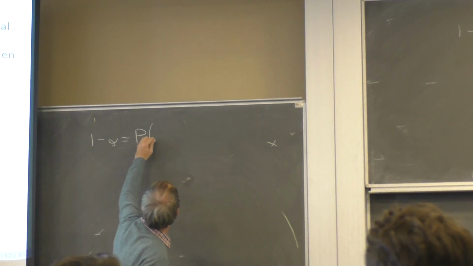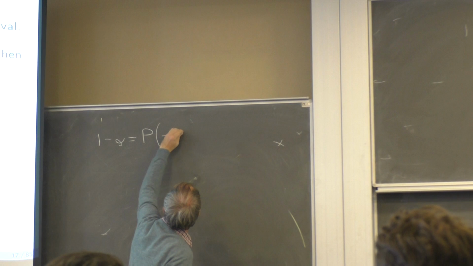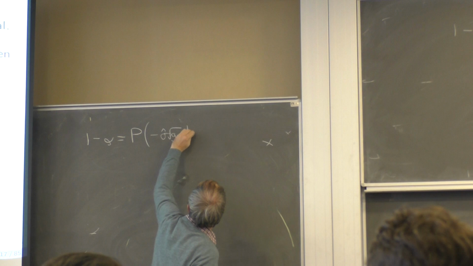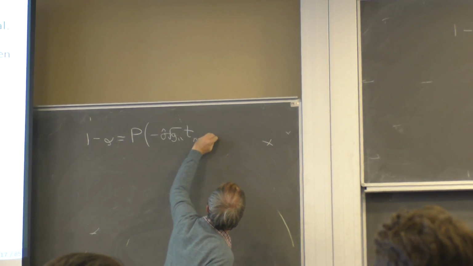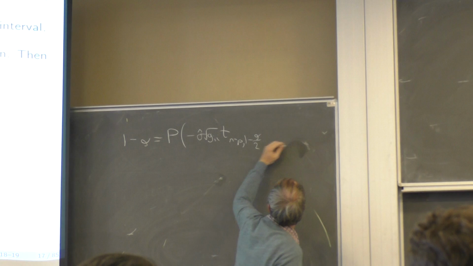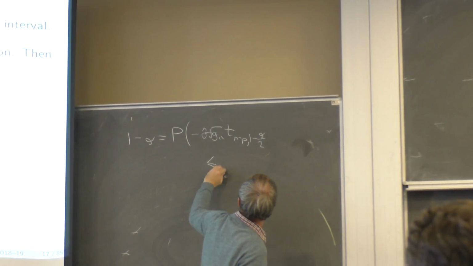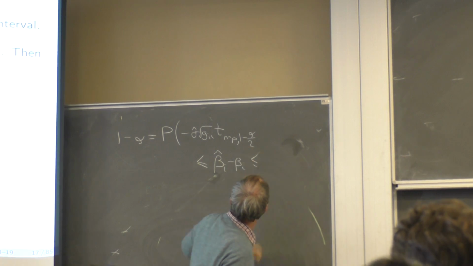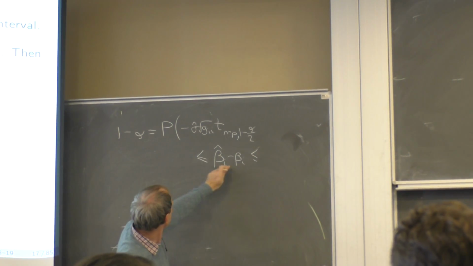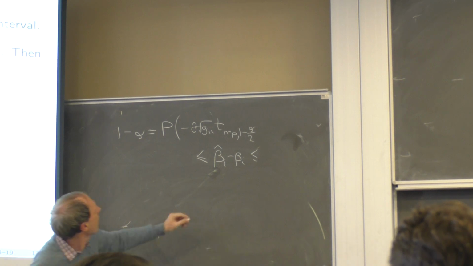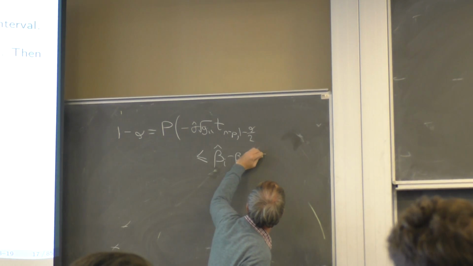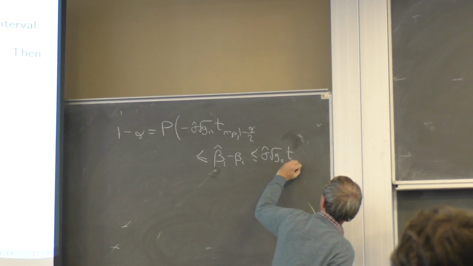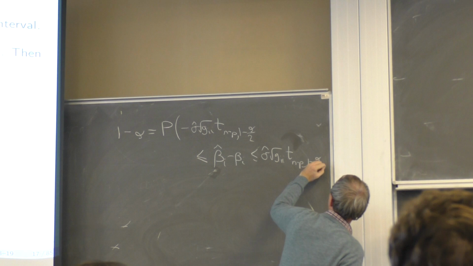So we should get minus sigma hat root g_ii times the quantile, which should be less than or equal to beta i hat minus beta i, and at the top we're going to get sigma hat root g_ii times the quantile.